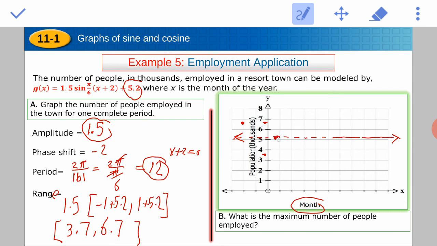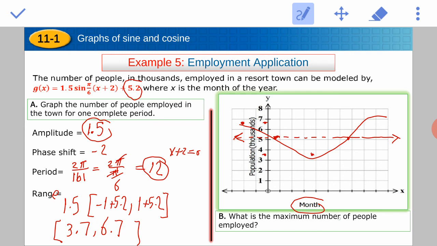And 3 months later, 1, 2, 3, when you go down to the minimum, you should see another point right here. 3 months later, 1, 2, 3, you're going to see another x-intercept. So the graph of the function is going to be something like that, guys.